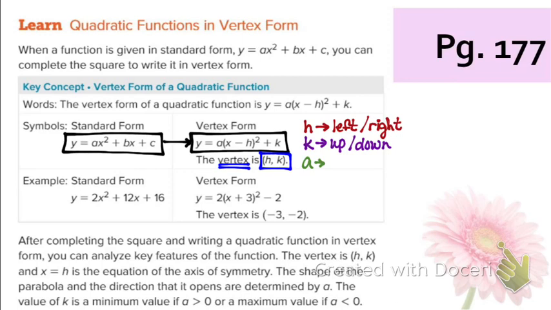Wider or narrower, or it could do what? It can reflect it. So we have stretches, we have compressions, and we have reflections. That's reflections over the x-axis.